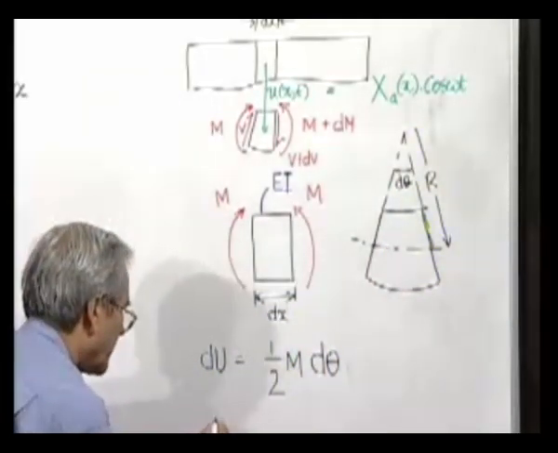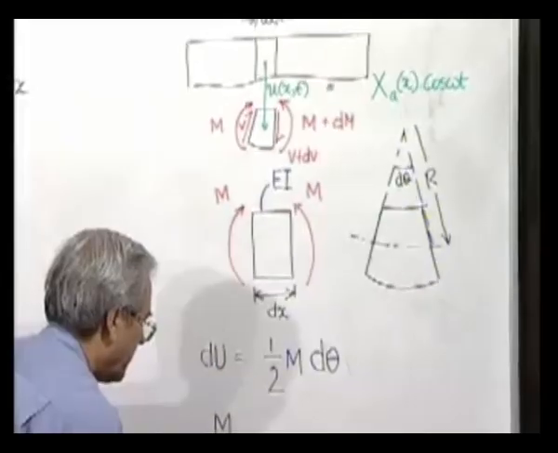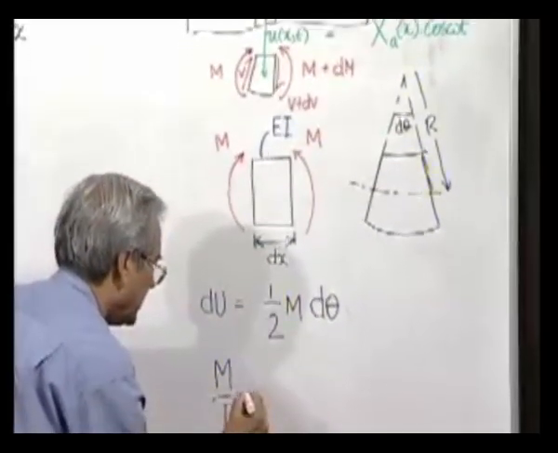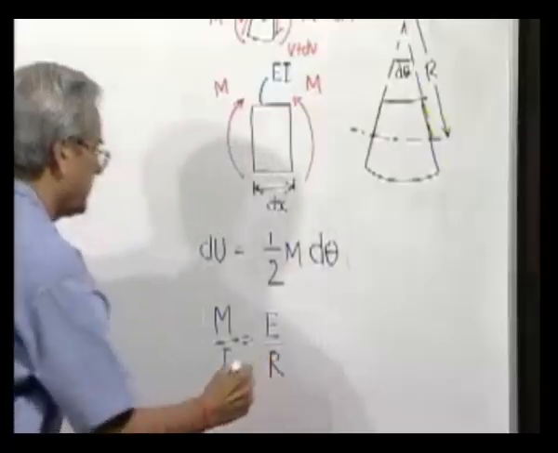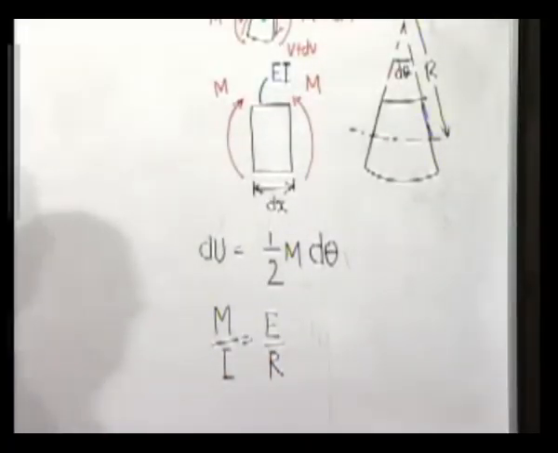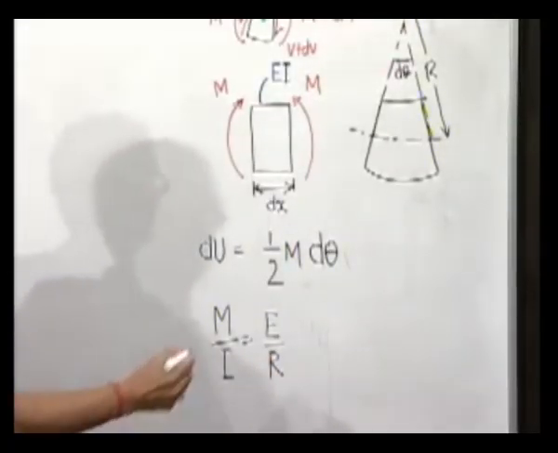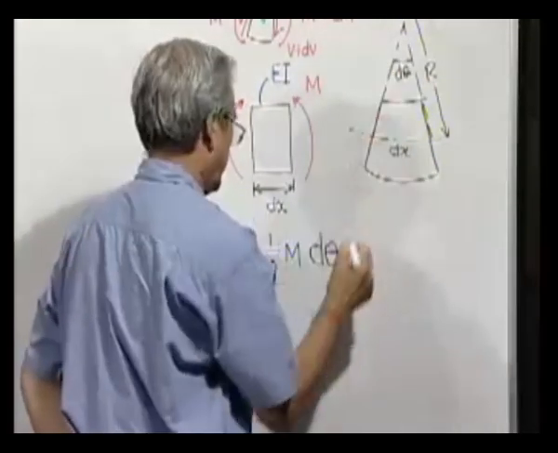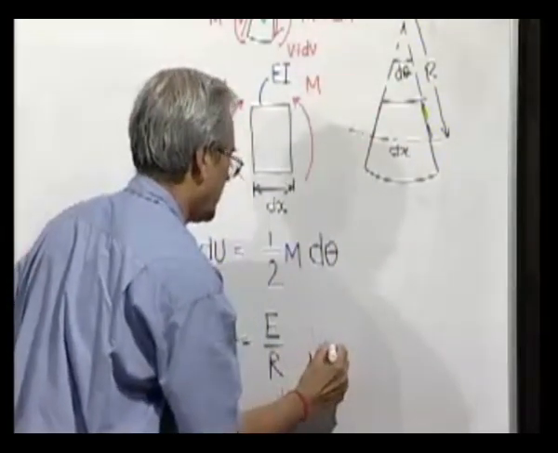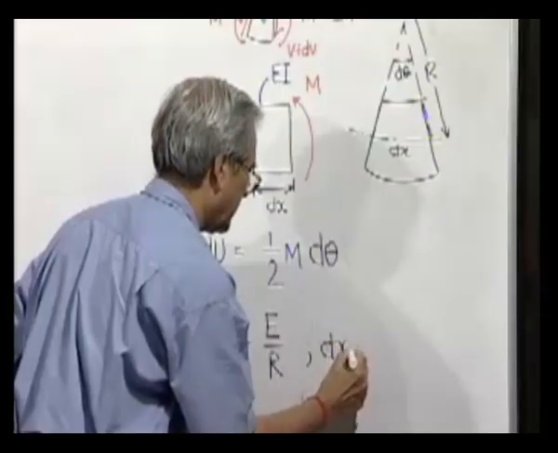We know from bending theory that M by I is equal to E by R. And from geometry you also know that if this is dx and this is r, then the relationship between the three quantities is given like this.